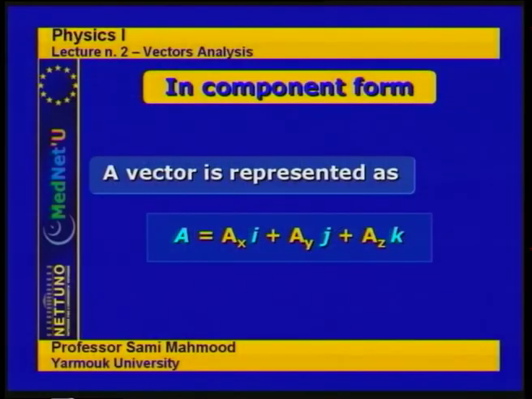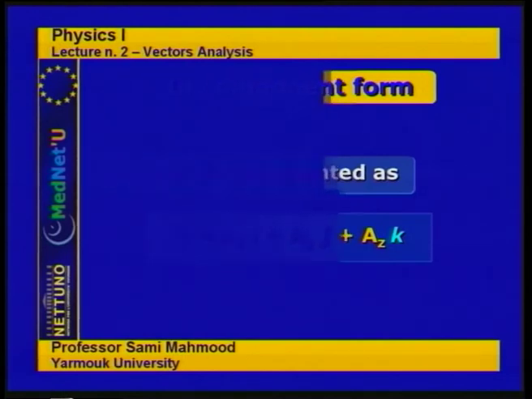Ax in yellow represents a scalar quantity, which is the magnitude of the x component of vector A. i in light blue represents the direction, which indicates that Ax is the component in the direction x. And similarly, Ay is the y component in the direction of y, which is represented by j, and Az is the z component, which is in the direction of z, represented by the unit vector k.